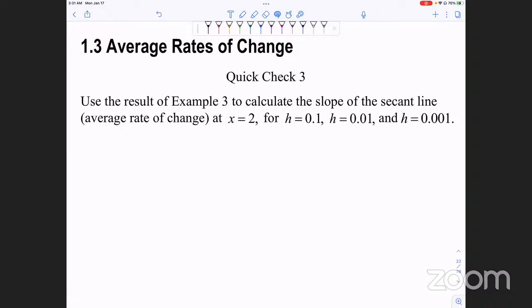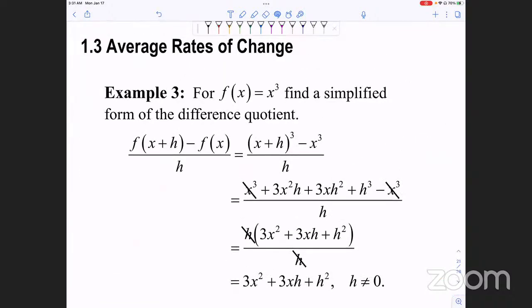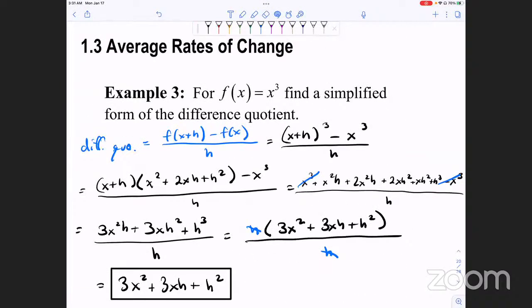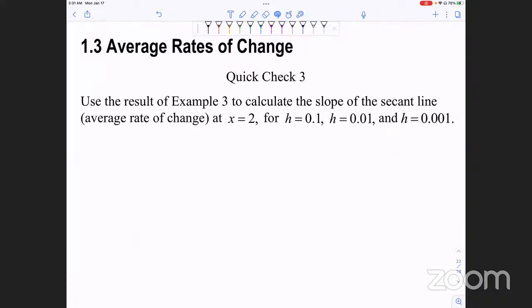So with the previous one, let's copy what we got earlier: 3x squared plus 3xh plus h squared. Again, this is our difference quotient.